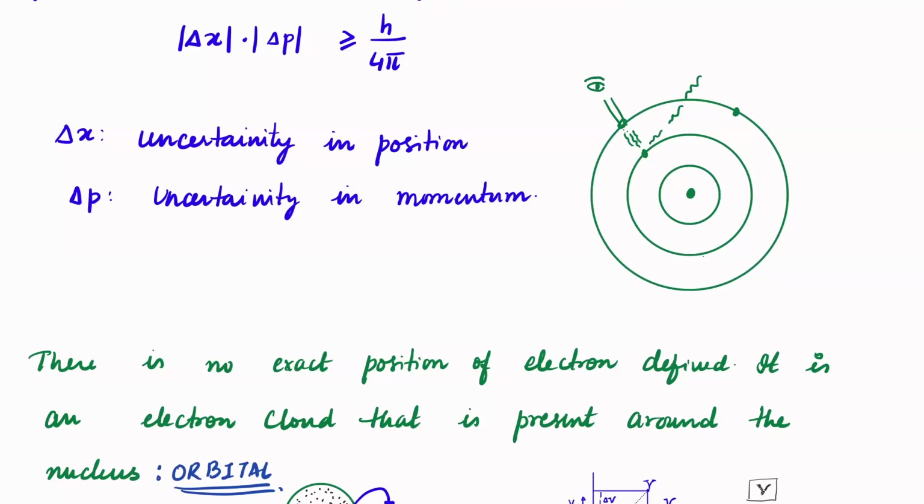Now by the time that information reaches you that the electron is present in this orbit, that is the information which is reaching you. But by then the electron is not present at that location anymore, it is instead present at a new location. Correct? This is exactly what would happen.